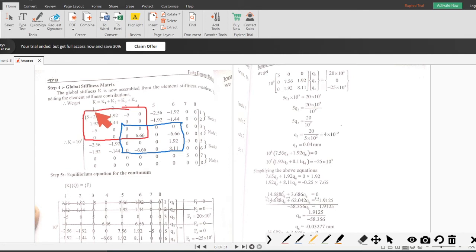Here. 5 6 is here. So you have to add very carefully. Here 1 2, here 5 6, here 1 5 6, and one more 5 6 is here. These are the corresponding rows and columns you have to add.